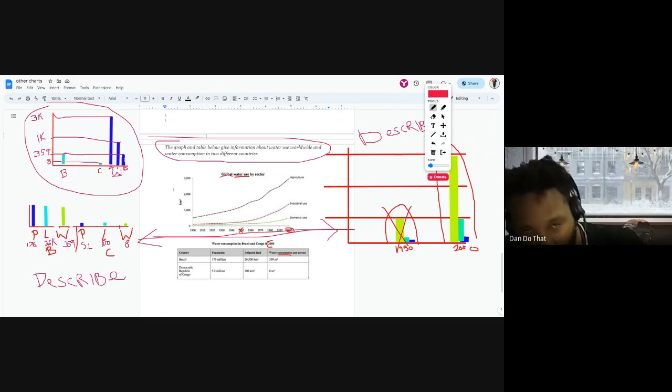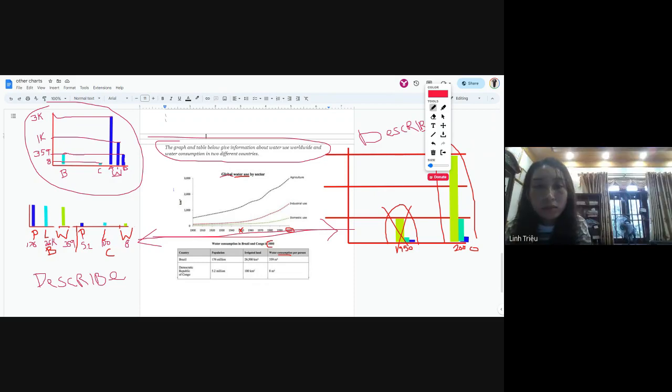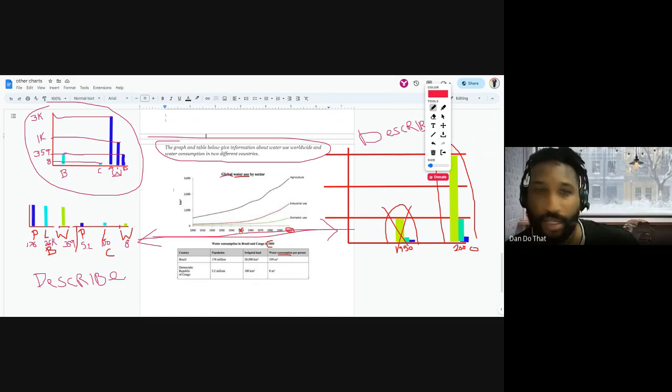The graph and table show us or inform us about the use of water or how much water is being used. And don't say worldwide, you can say around the world or on the planet.